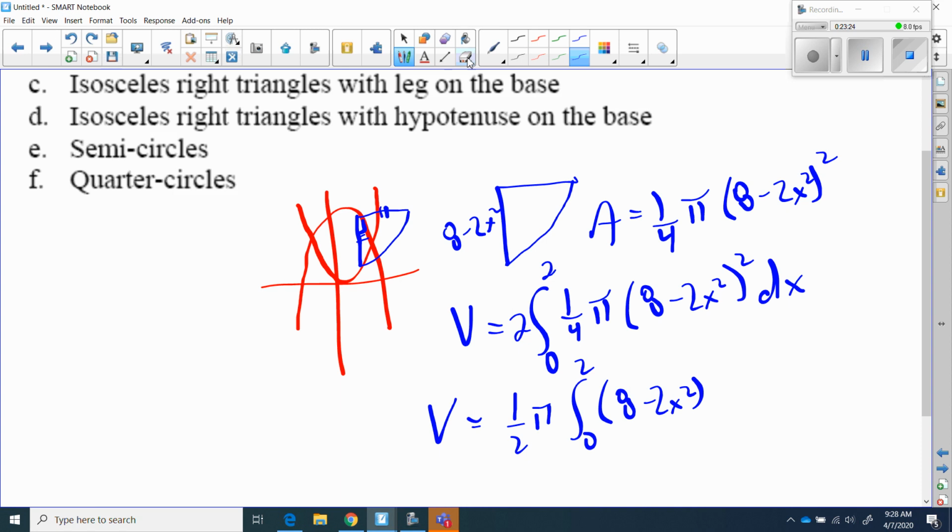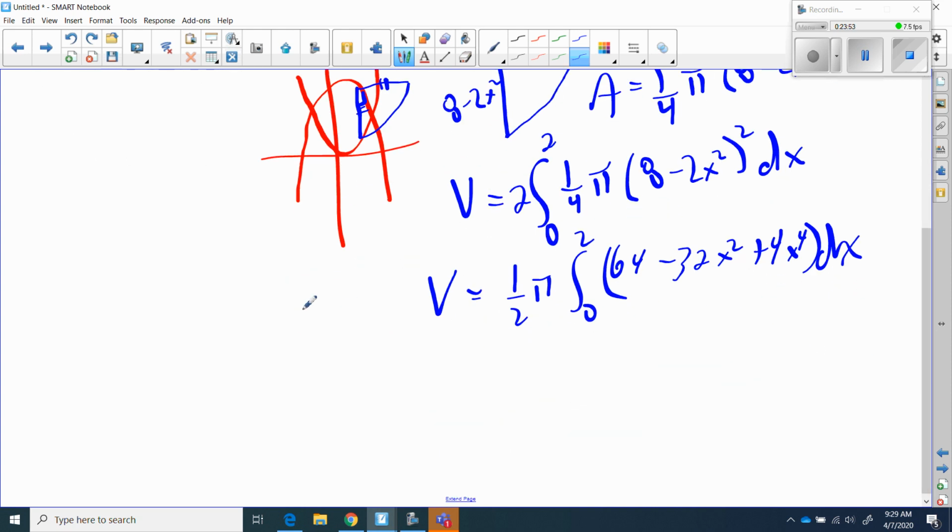Let's just save us another line. So I'm going to actually expand this out. So square the first, 64. I'm multiplying double, so 8 times 2 is 16. That'll make the middle 32x squared. Square the last one, 4x to the 4th, and dx. So the volume will equal 1/2 of pi.